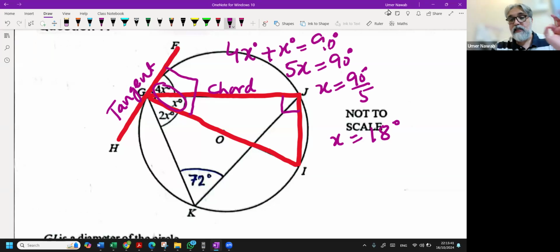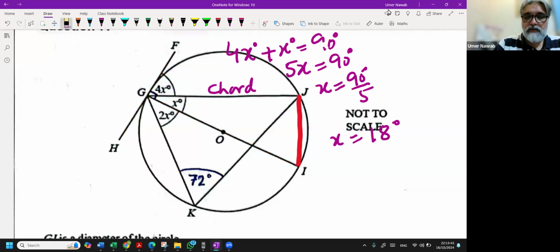Now, if x is 18 degrees, the twice of 18, this is 36. And then 4x is 72.